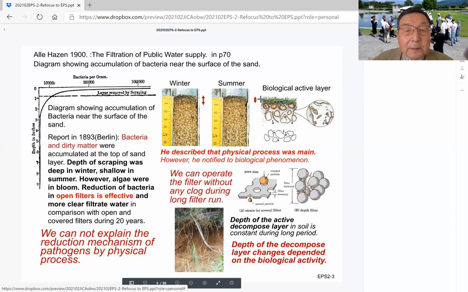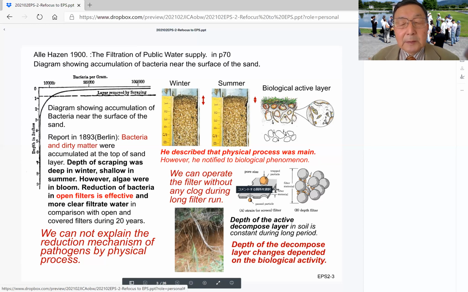This depends on the biological activity. He described that the physical process was main. However, he noticed the biological phenomenon. We can operate a filter without any clogging during a long filter run.